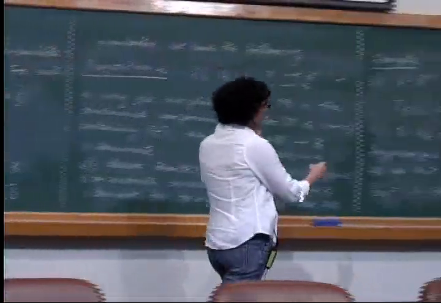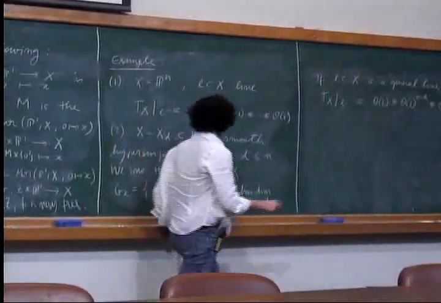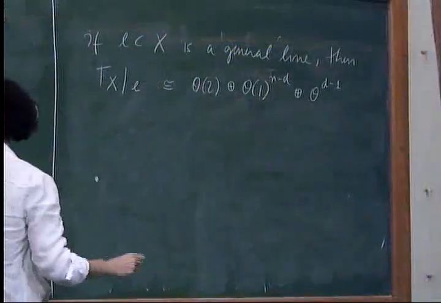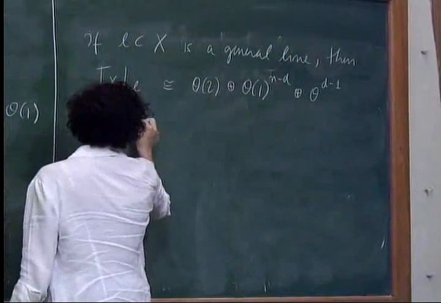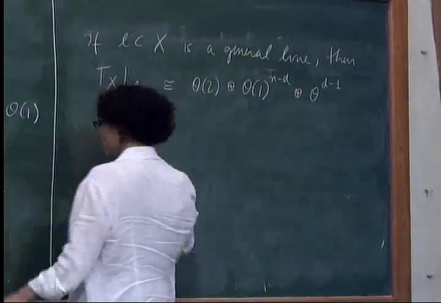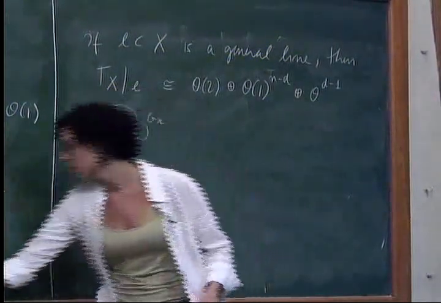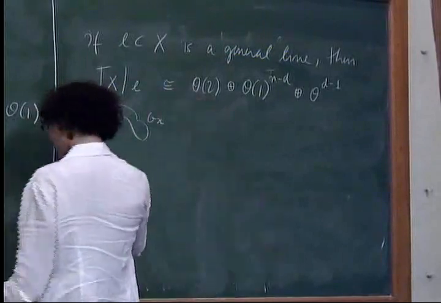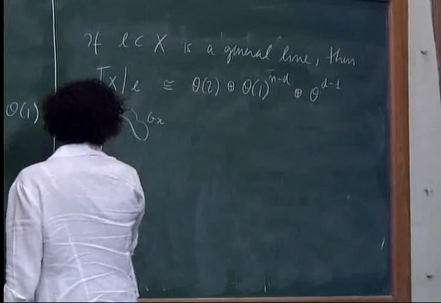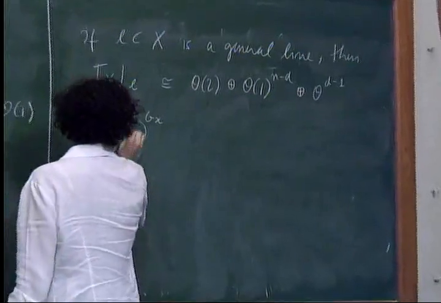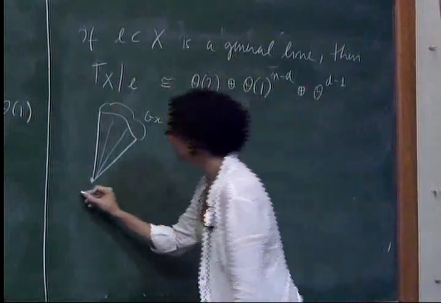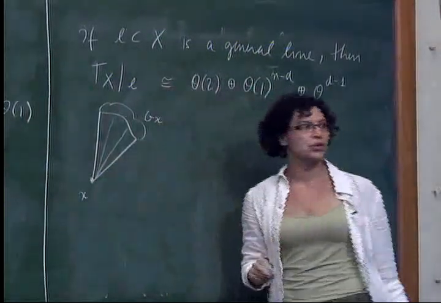So we notice that we fix a point, and then the space parametrizing the lines through this point will be Gx, which, for a general choice of x, will have dimension exactly n minus d. And then we have here this cone, which consists exactly of the lines that are contained in X and pass through x.